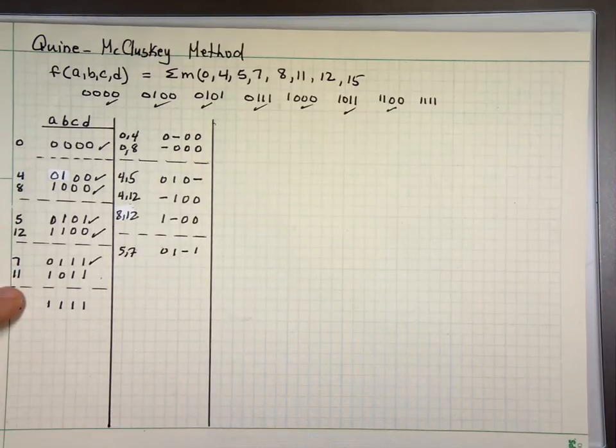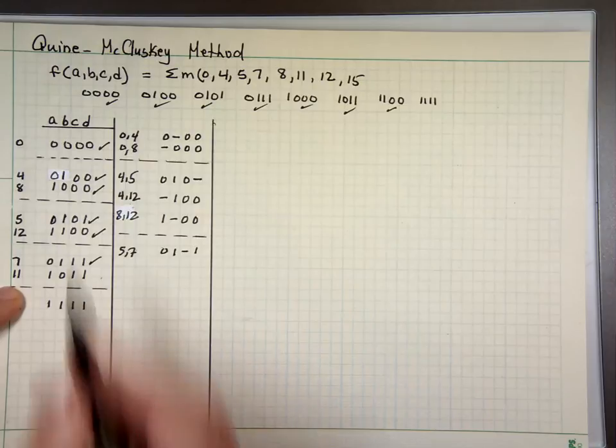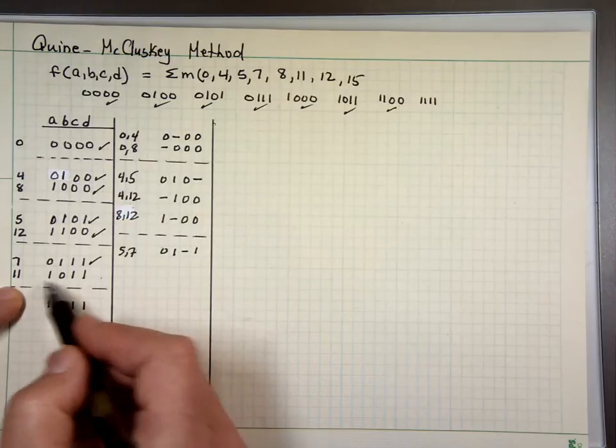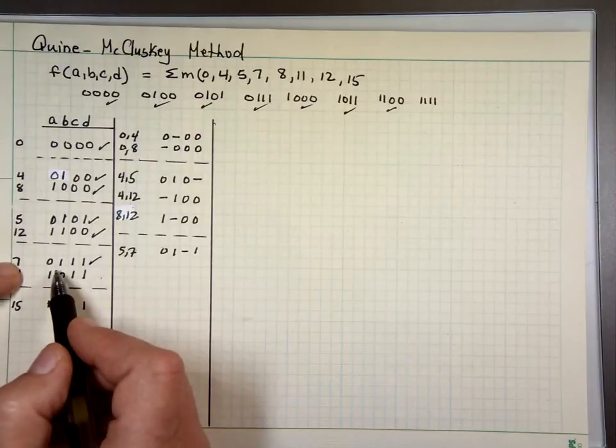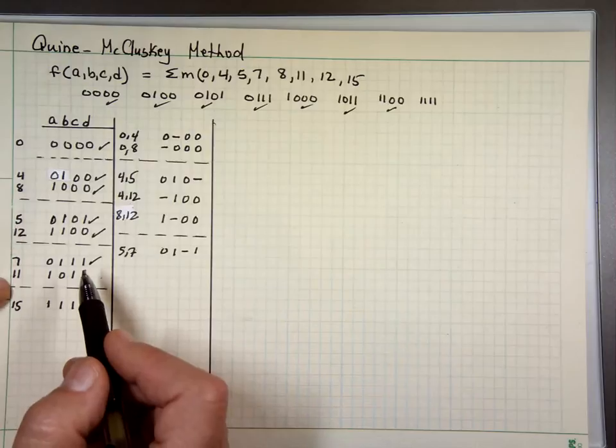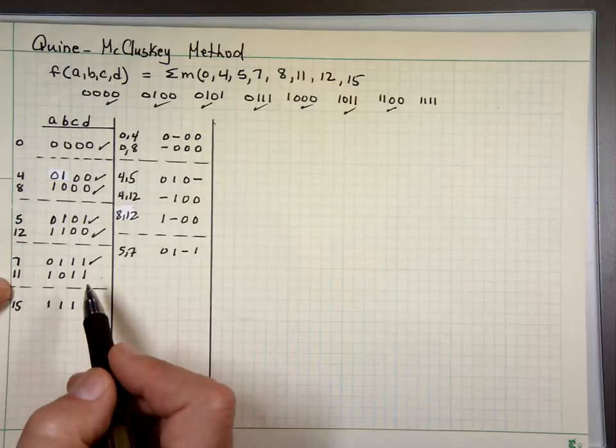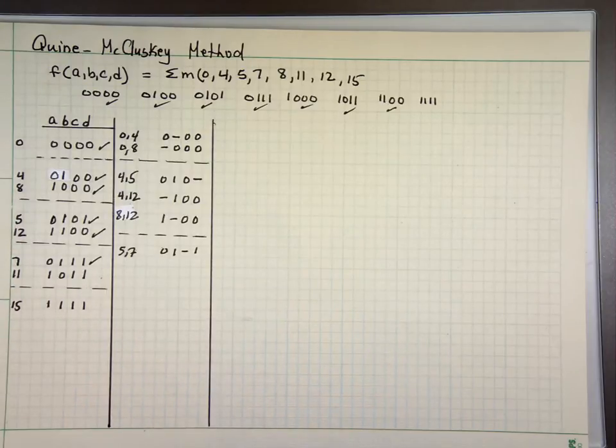How about 5 and 11? Nope. How about 12 and 7? Nope. How about 12 and 11? Nope. Done with that group. I like that. Let's work for me.